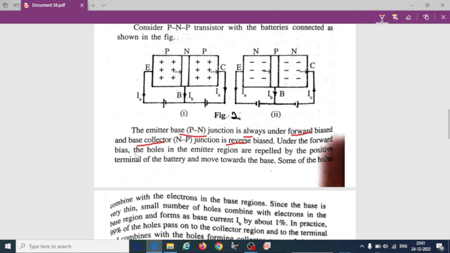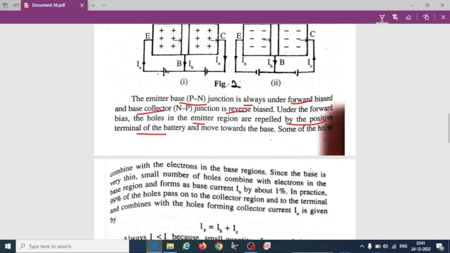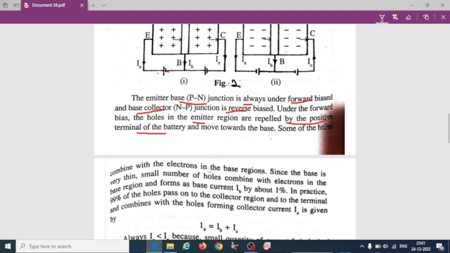Under the forward bias, the holes in the emitter region are repelled by the positive terminal of the battery. Here this is the positive terminal and this is the negative terminal. So they move towards the base. Some of the holes combine with the electrons in the base region.